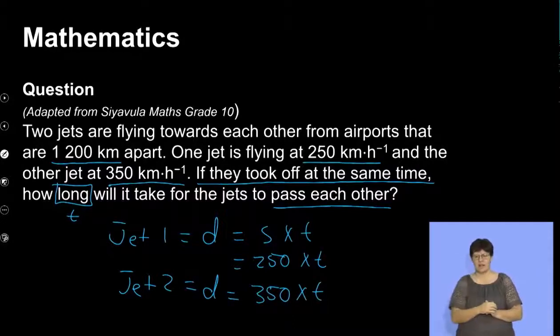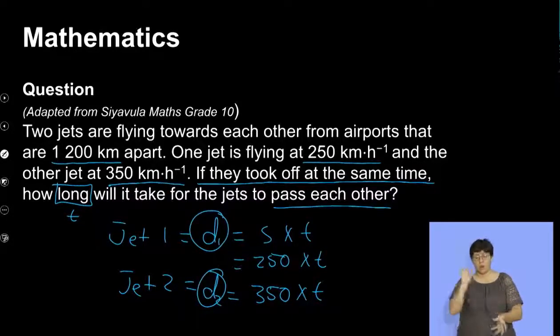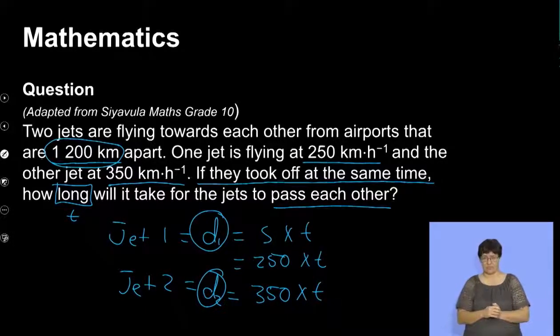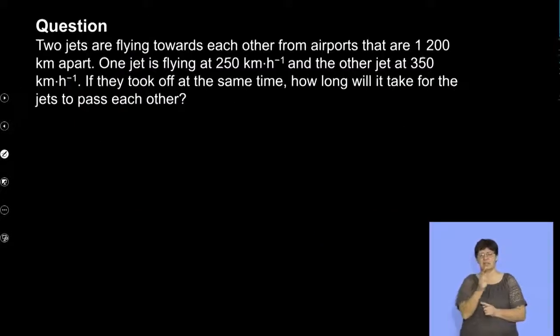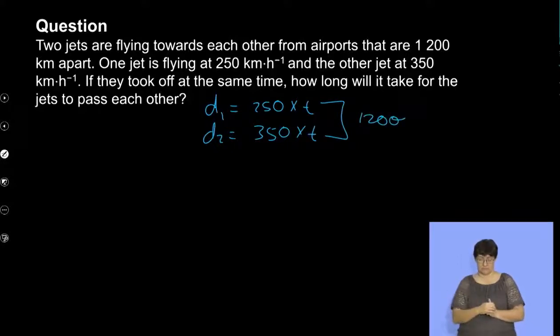But what do I know? I know that D1 plus D2, let me call this D1 and that D2, must give me 1,200. So in simple terms, D1 is equal to 250 multiplied by T, and D2 is equal to 350 multiplied by T. If I add these two, I must get 1,200.